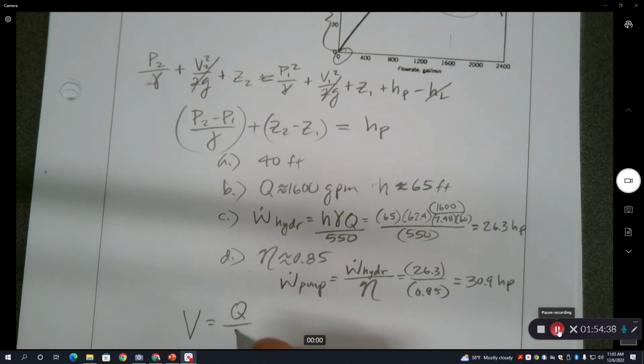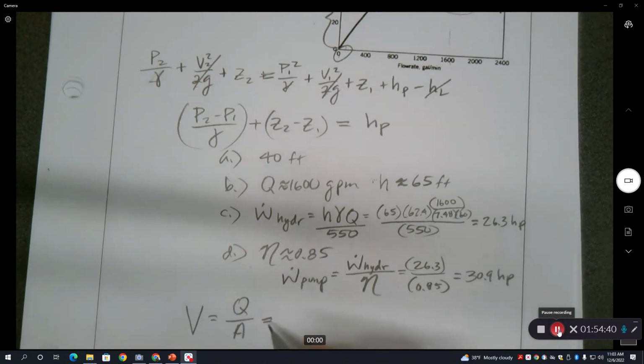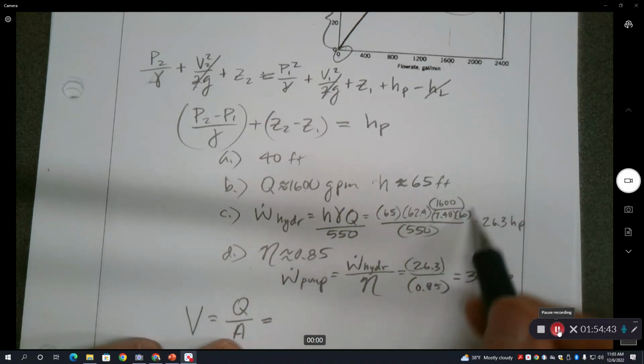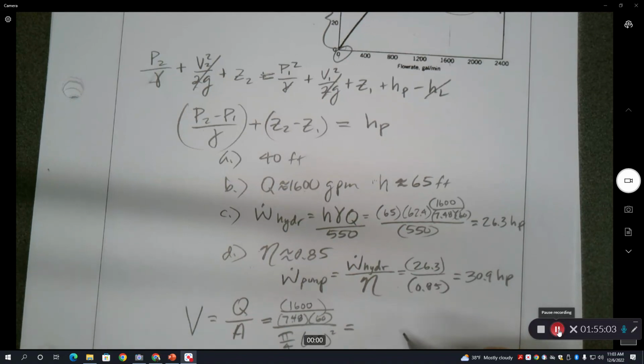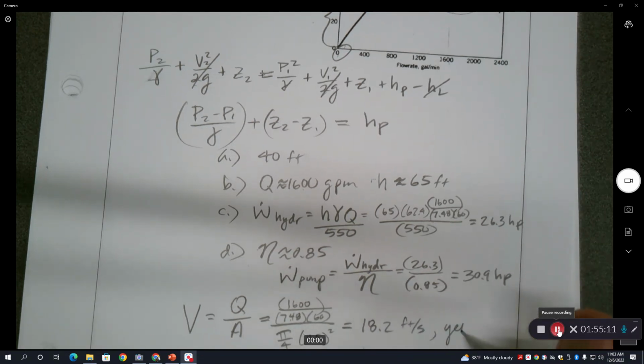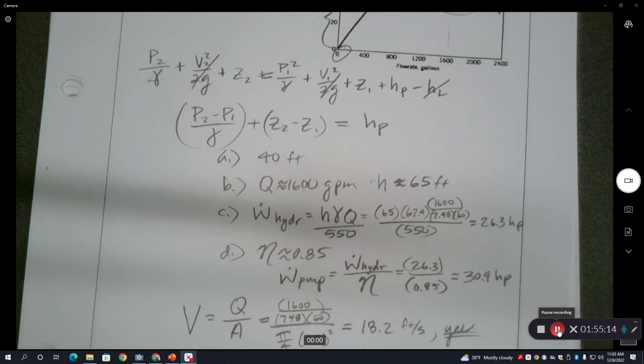We take Q and divide it by A: 1600 divided by 7.48 divided by 60 divided by pi over 4, and this is 6-inch pipe, so it's 0.5 feet squared. And according to this, it's like 18.2 feet per second. So the answer is yes, it has exceeded 12 feet per second, so we probably want to use bigger pipe.